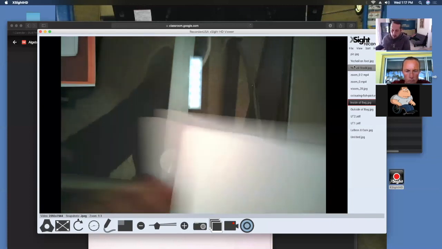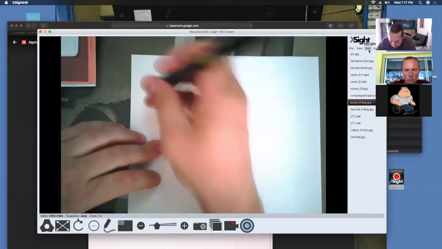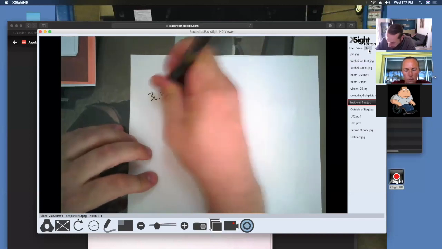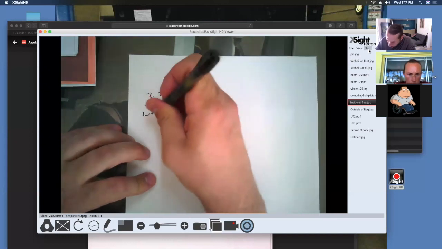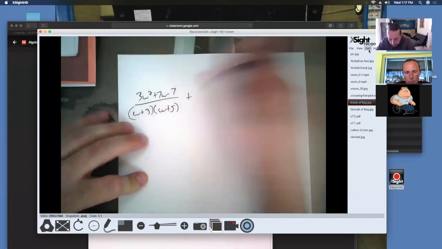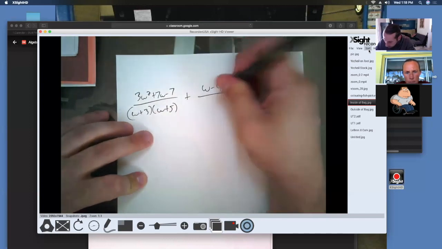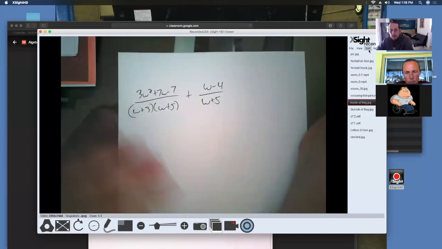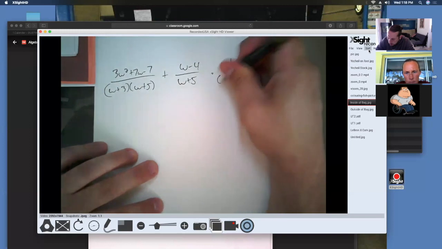All right, so we did all our simplification, so that's fine. So we have our 3w squared plus 7w minus 7, w plus 3, w plus 5. We simplified this, we factored it out, we got it to say w minus 4 over w plus 5. And now we're going to multiply it by this.